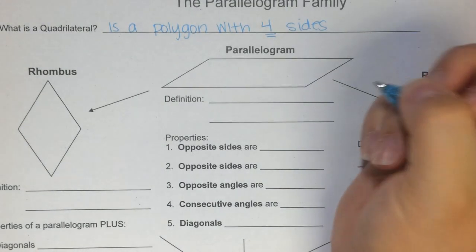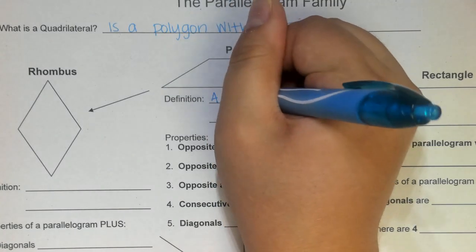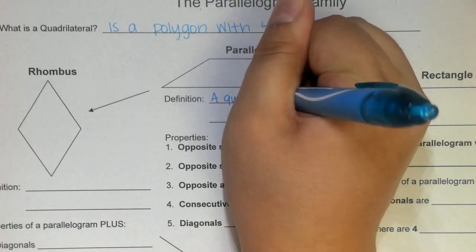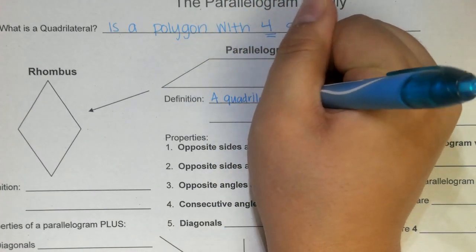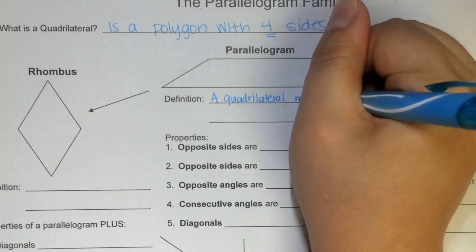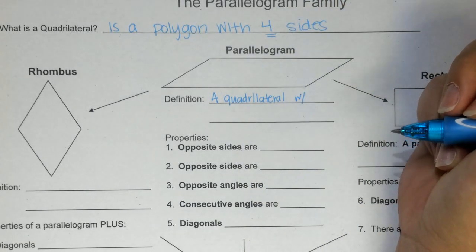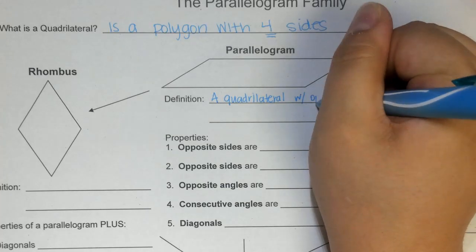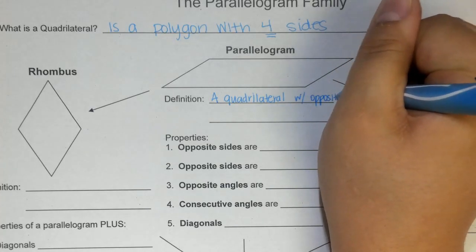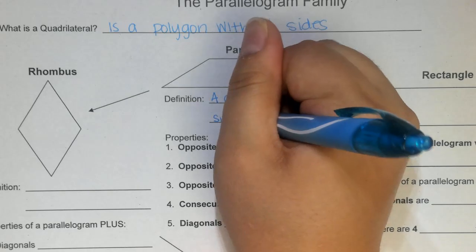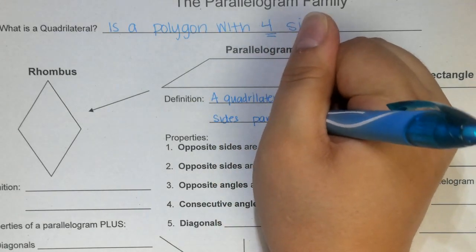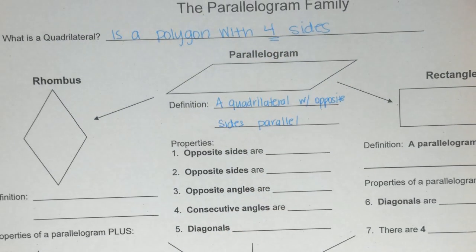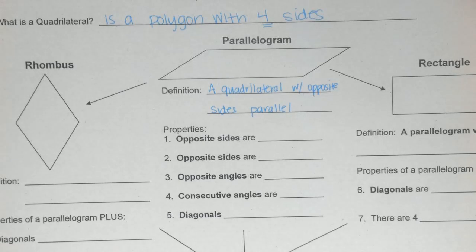So, the definition is, it is a quadrilateral with opposite sides parallel. A quadrilateral with opposite sides parallel.